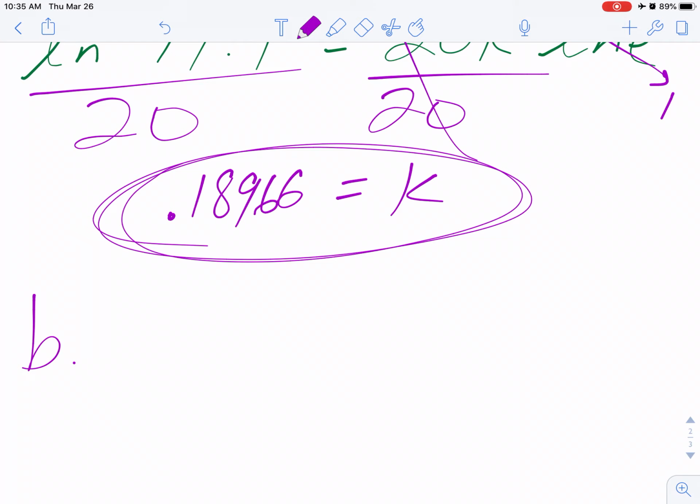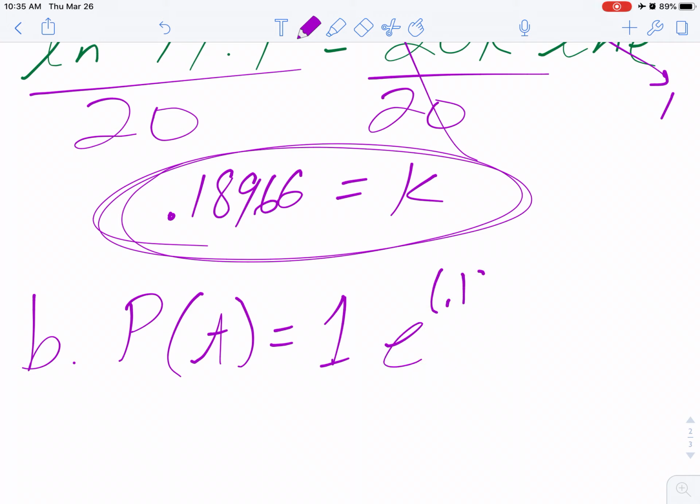So part B, estimate the value of the painting in 2019. They're asking us to find the ending value. Remember, it started with $1 million in 1994. We know what k is now. We're just filling stuff into the formula. But now we're talking about 2019. So 2019 is 25 years after 1994.